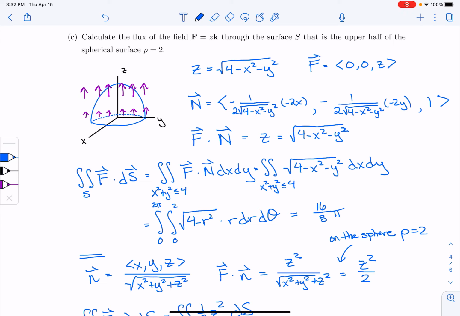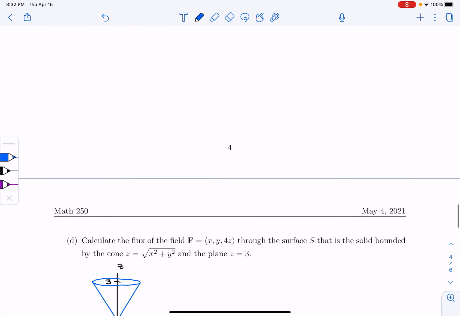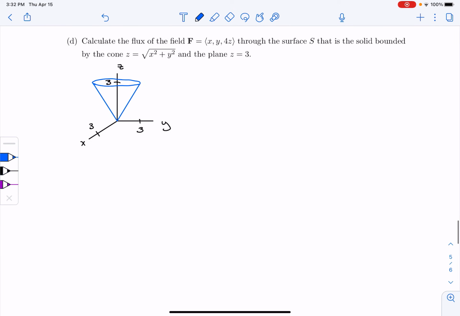Let's now move to one more example. The last example is to calculate the flux of the vector field x, y, and 4z through the surface S, that is the solid bounded by the cone z equals square root of x squared plus y squared, and the plane z equals 3.